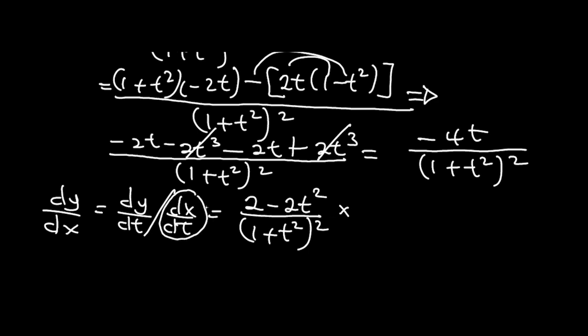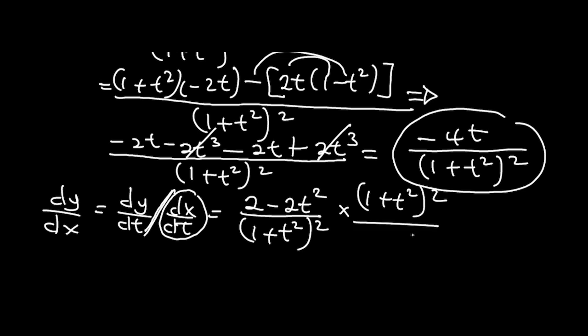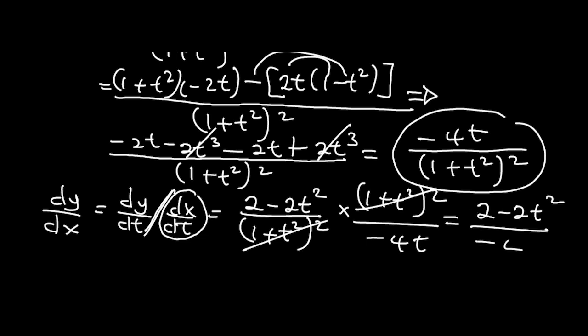That is, dx/dt is this, but it is a division, so once we change to multiplication, this will be equal to 1 plus t squared all squared over minus 4t. So this denominator cancels, and we have 2 minus 2t squared over minus 4t.